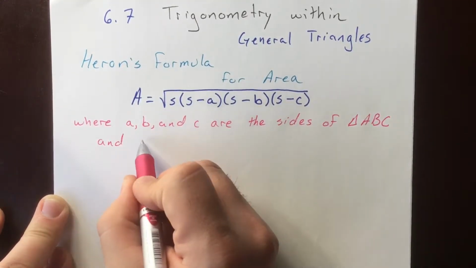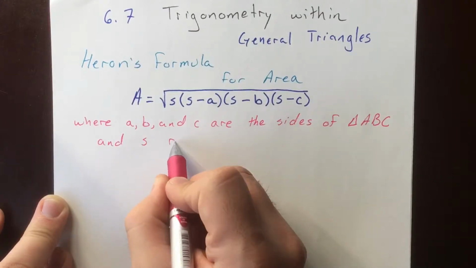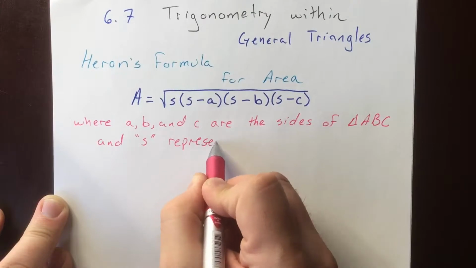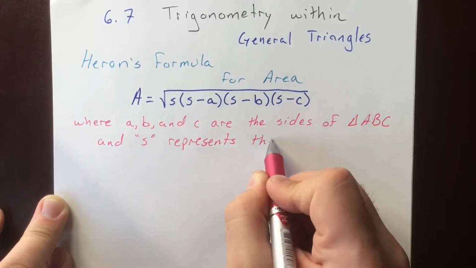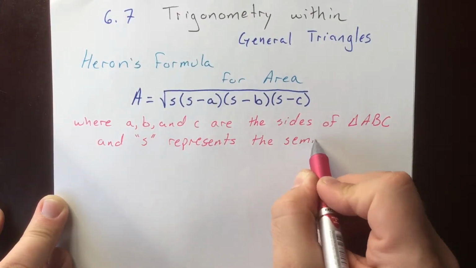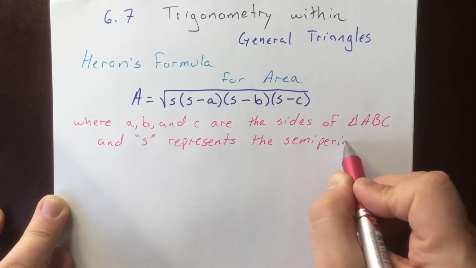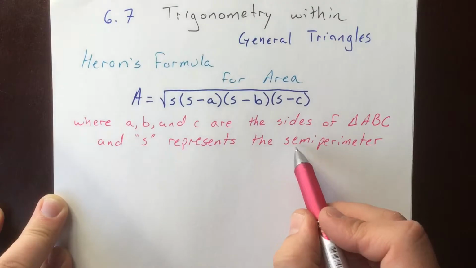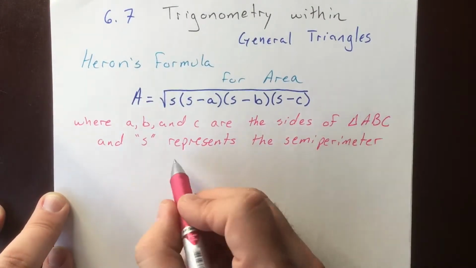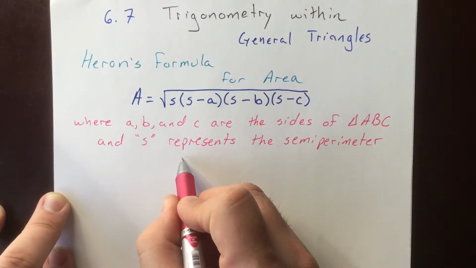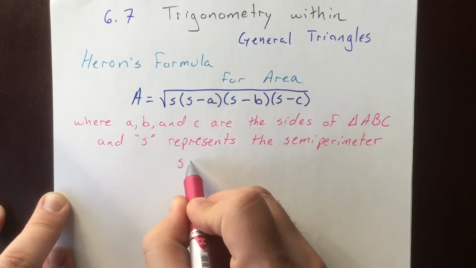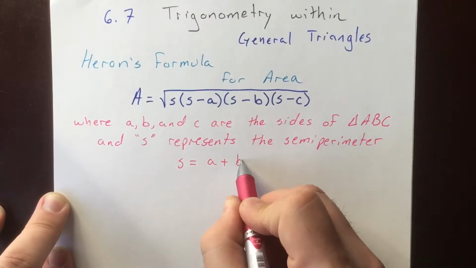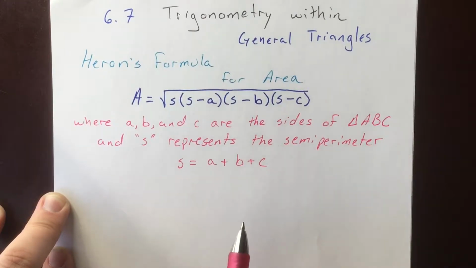And S represents the semi-perimeter. And it is a high chance that this is a new word for you, semi-perimeter. How do we find this semi-perimeter? We take the three side lengths and combine them, okay?